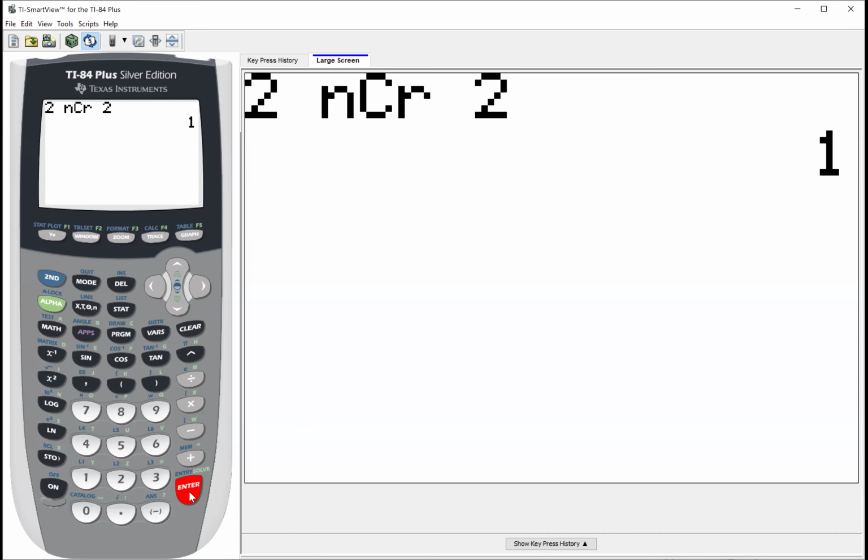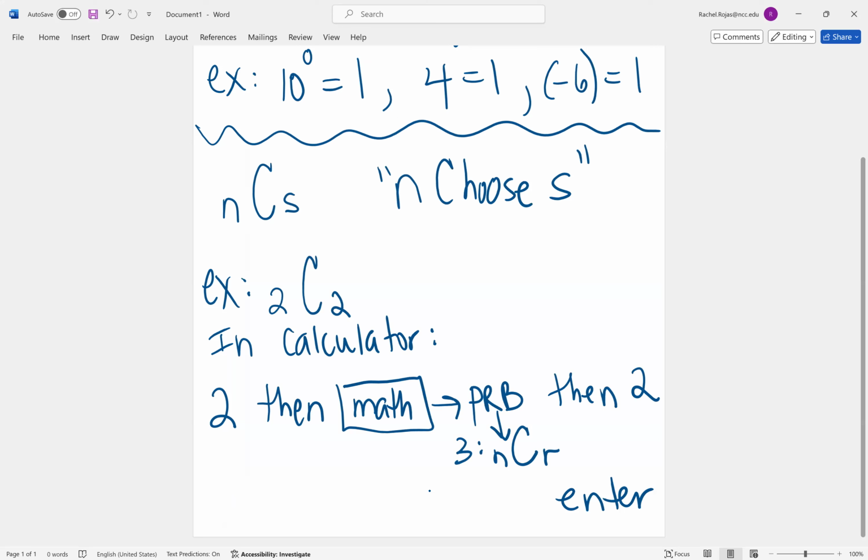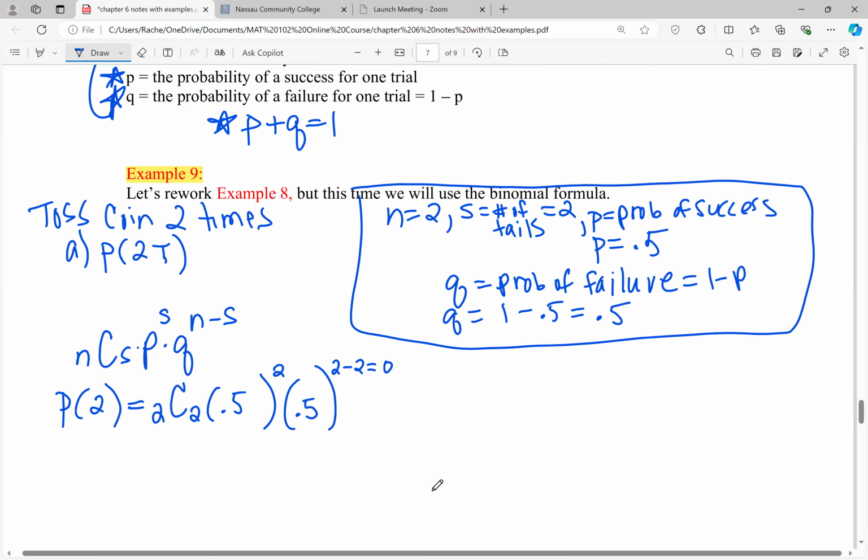So there's one outcome. So 2 choose 2 is equal to 1.